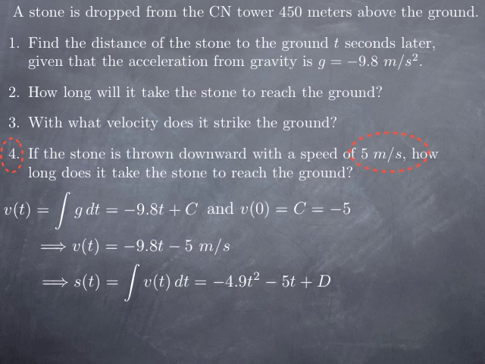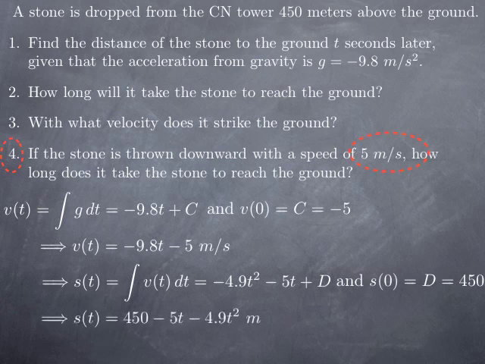That means S of 0 is 450, and it is also d, so d has to be 450. That gives us the distance to the ground at time t, given by 450 minus 5t minus 4.9 t squared, measured in meters, where time is measured in seconds.